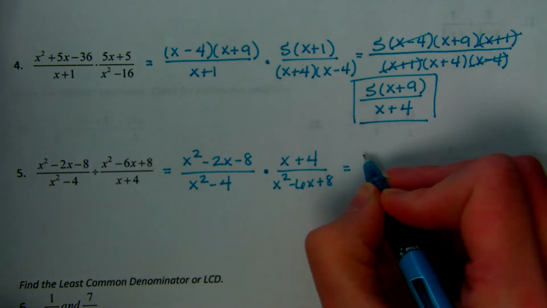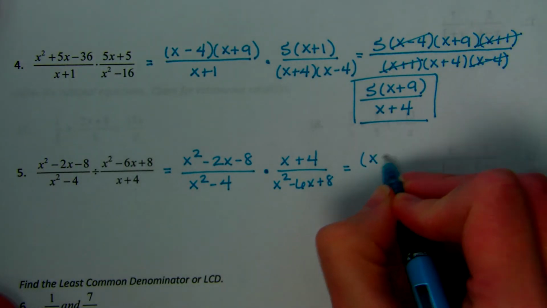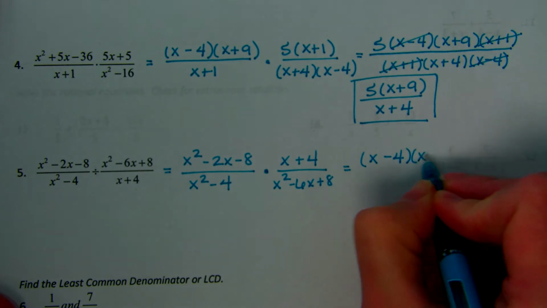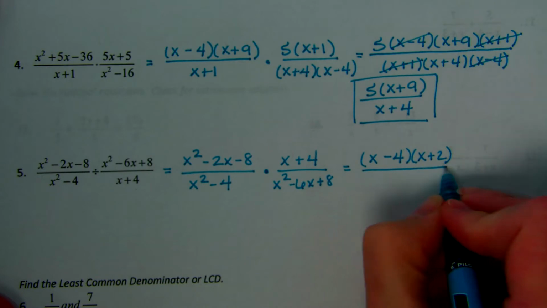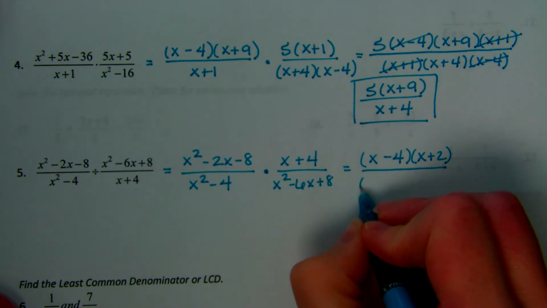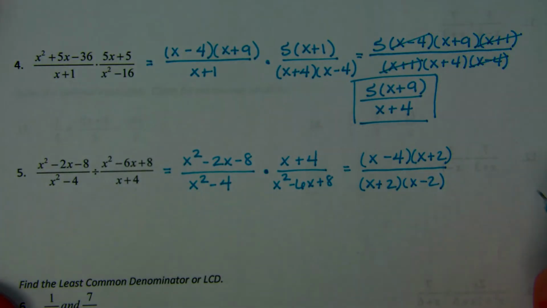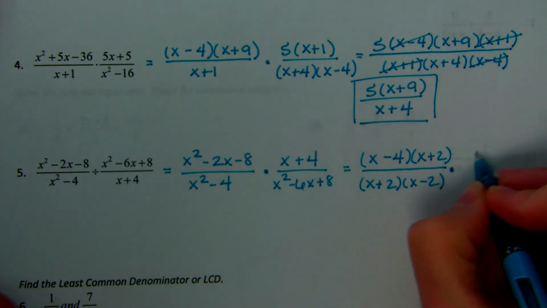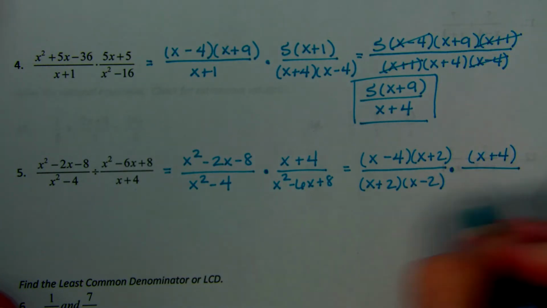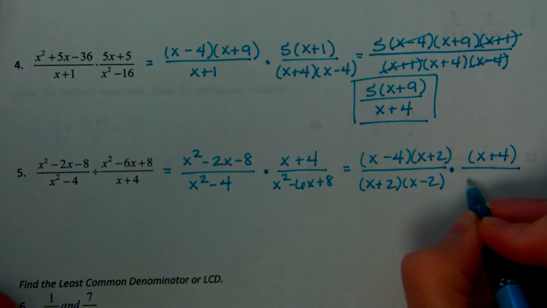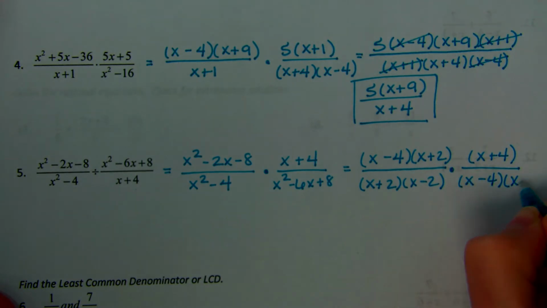And so when we factor, x squared minus 2x minus 8 factors to x minus 4 and x plus 2. x squared minus 4 factors to x plus 2 and x minus 2. And then x plus 4 just stays, right? You don't need to factor there. X squared minus 6x plus 8 factors to x minus 4 and x minus 2.